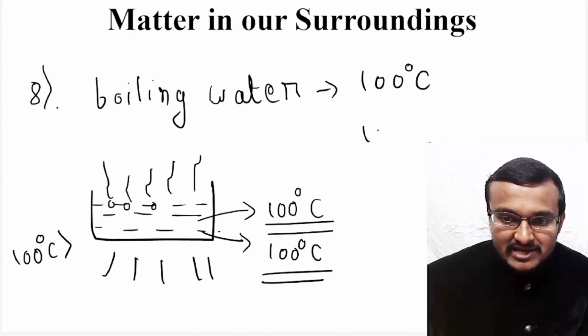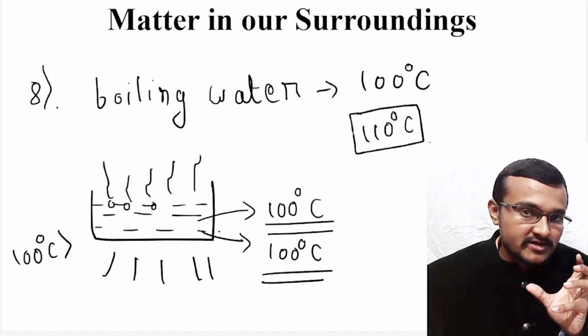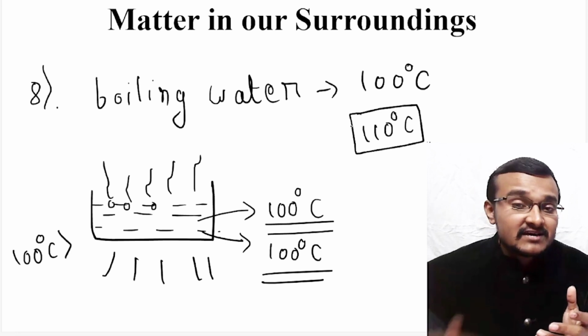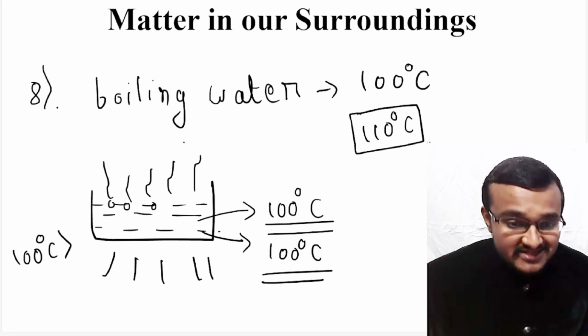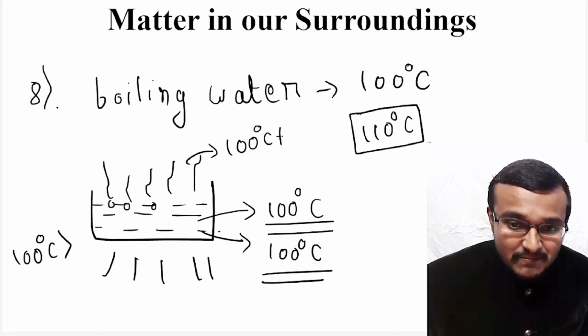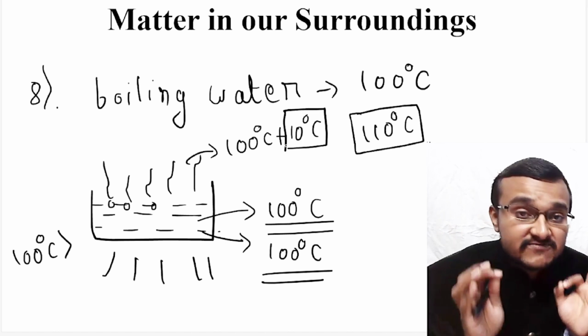Let's suppose you are supplying heat at 110 degrees Celsius to this water, and this water is getting boiled at 110 degrees Celsius. Where is this extra 10 degrees Celsius going? So this steam will have 100 degrees Celsius temperature plus 10 degrees of latent heat of vaporization as well.